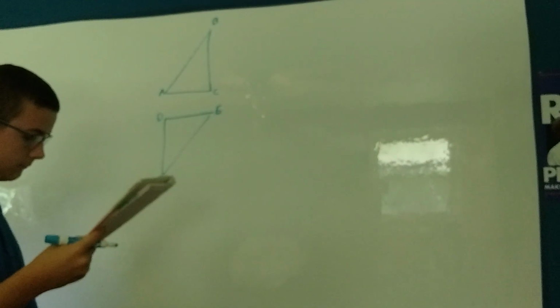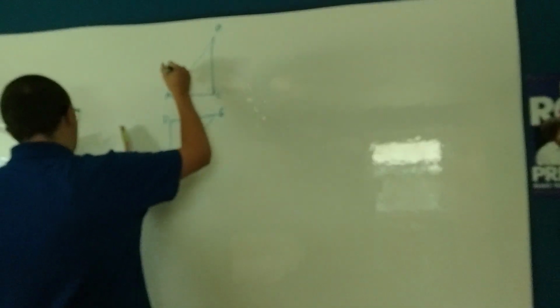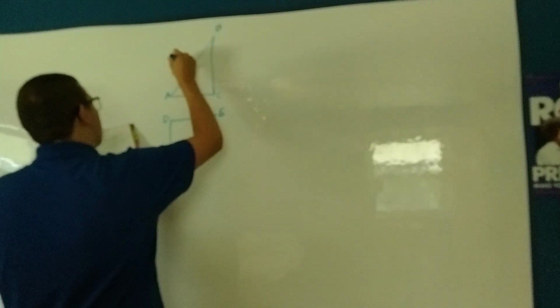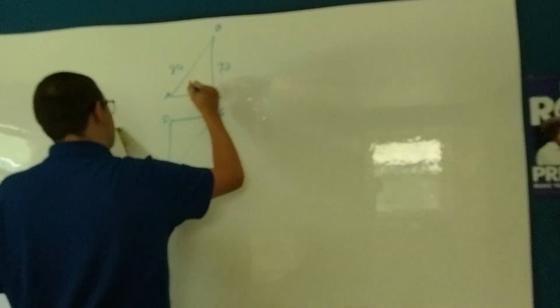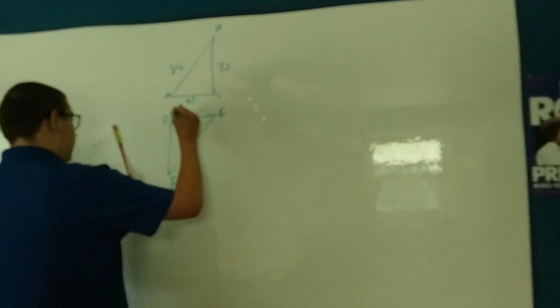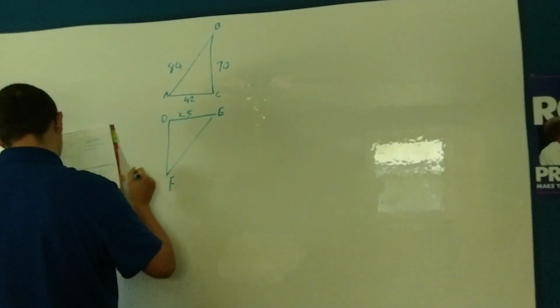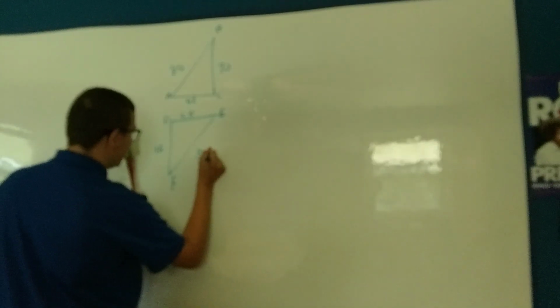We are given some lengths here. We're told that this is 84, this is 70, and that this is 42. And then down here we're told 25, 15, and 30, like that.